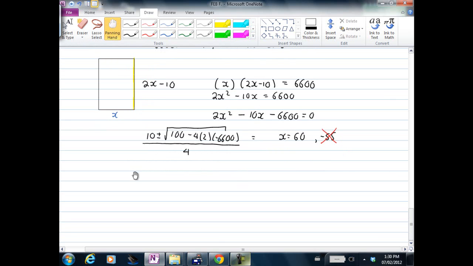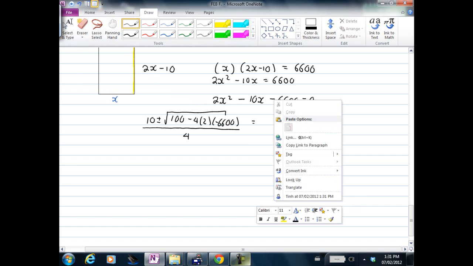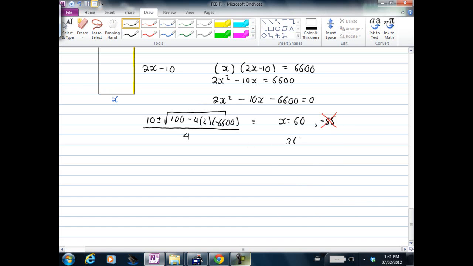Okay. So what happened is this. But I didn't ask you for one answer. I asked you for the dimension. So we're going to sub this in. One of them is 60. The other one is 2x, so 2 times 60 minus 10, and you should have 110.